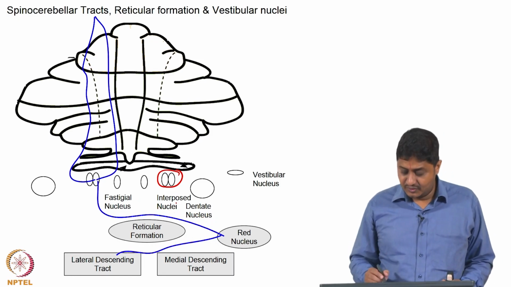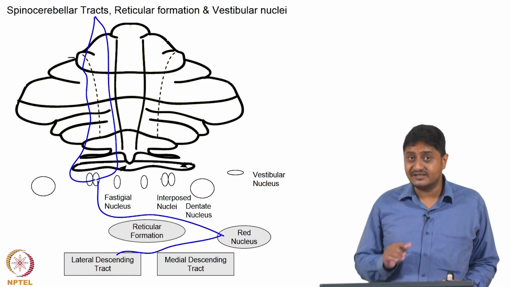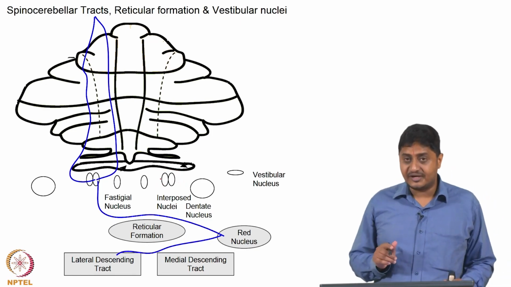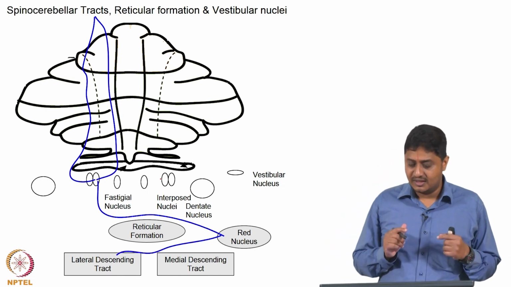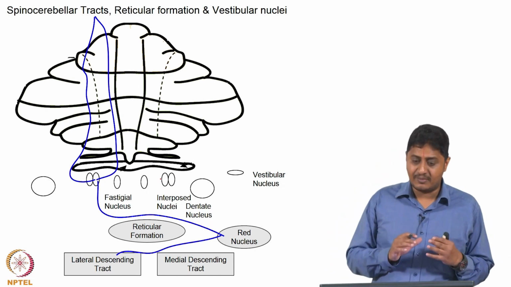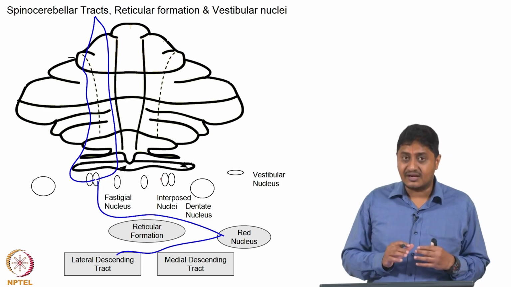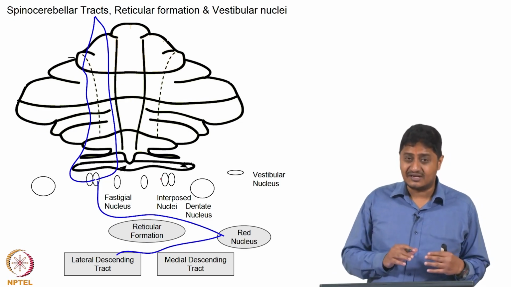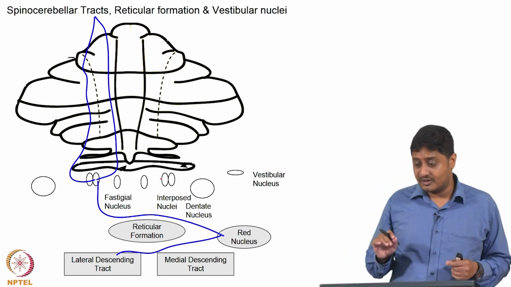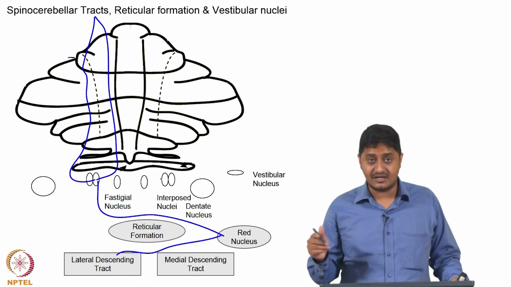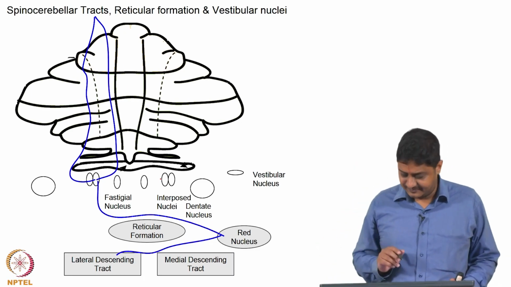Okay. So, it is crucial to note whether there are two crossovers or not, but regardless of whether there are two crossovers or whether there is no crossover, it is important to realize that cerebellum controls body parts that are on the same side or ipsilaterally, whereas the motor cortex controls parts of the body that are on the opposite side or the contralateral side.